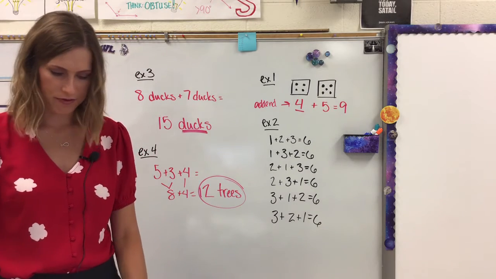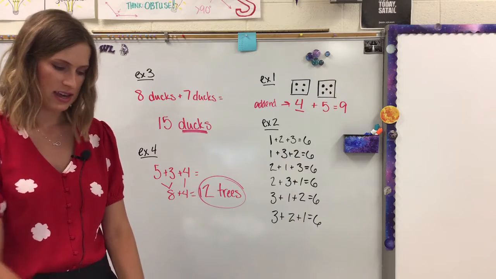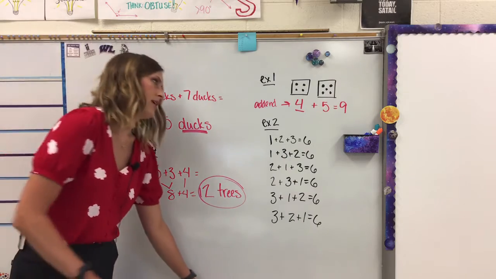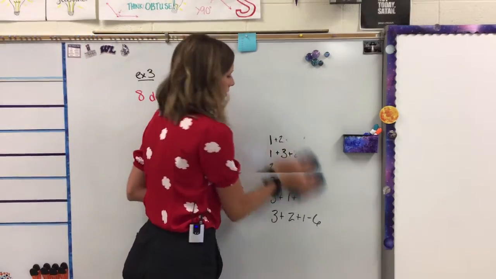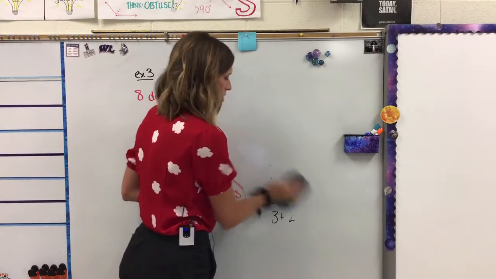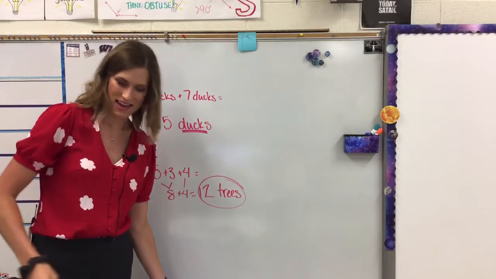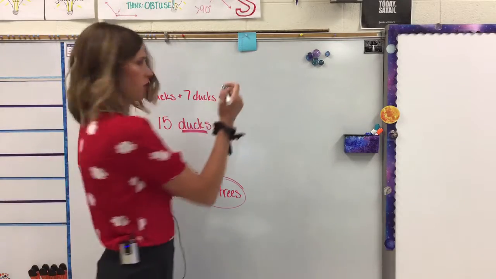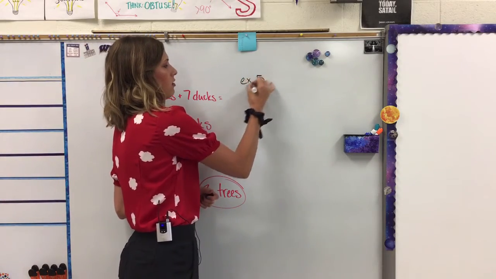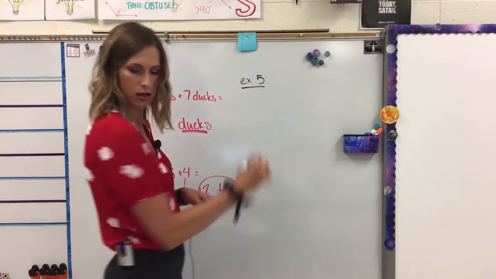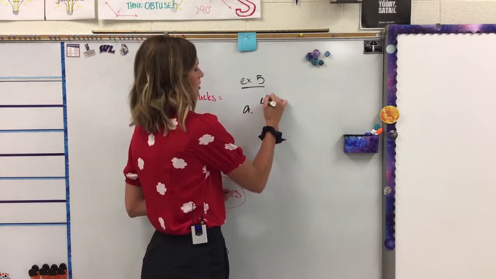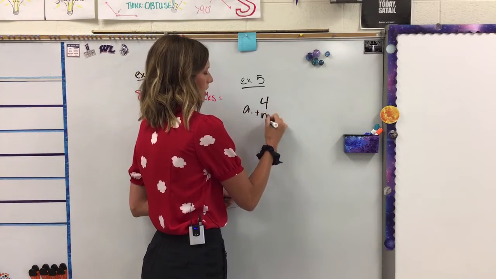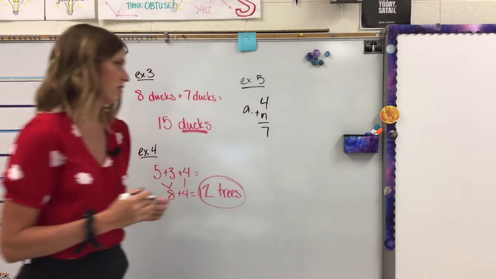Now, in example 5, we've got some missing add-ins. What that means is that we've got a letter that represents a number. And the reason the letter's there is because we don't know what number goes there yet. So for example 5, my first problem there, this is already written on your sheet, says 4 plus n equals 7.